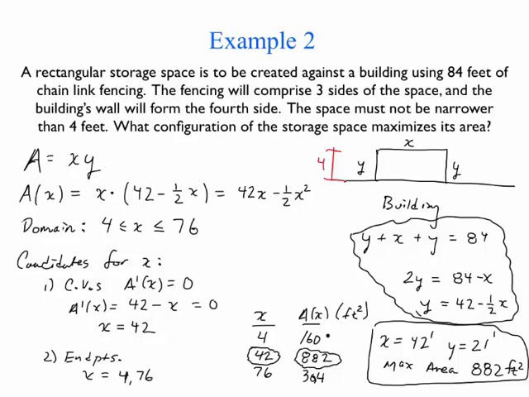Well, we look at the minimum area, 160. So it's when x is 4. And y is 40. That's the real tall, skinny one sticking off the building. That gives us a minimum area of 160.